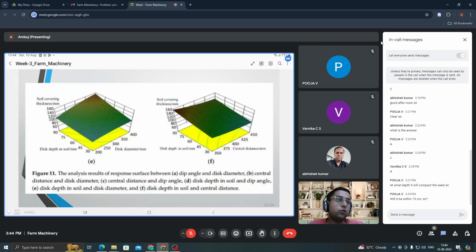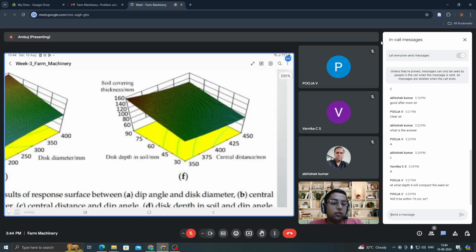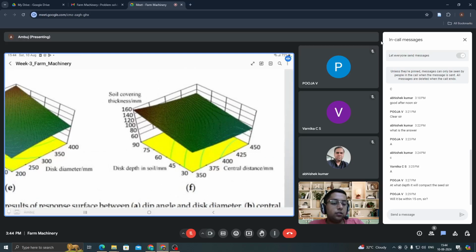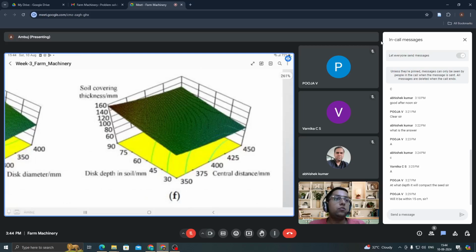Just for your understanding, I'll ask you a brief question. See this figure F. For a clear explanation of the visualization, can you tell me, in terms of increment or decrement, if I increase disk depth, what is the effect on soil covering thickness and central distance in millimeter?